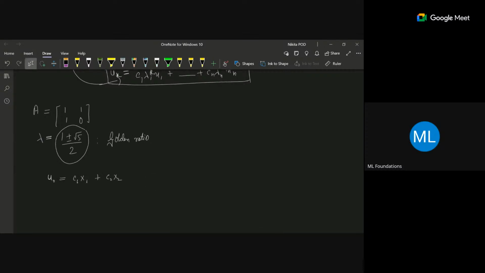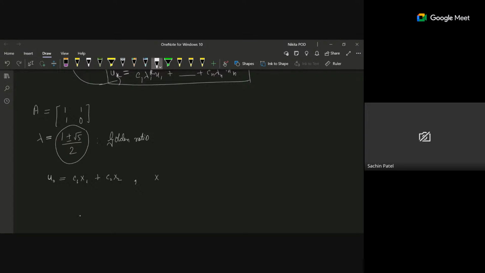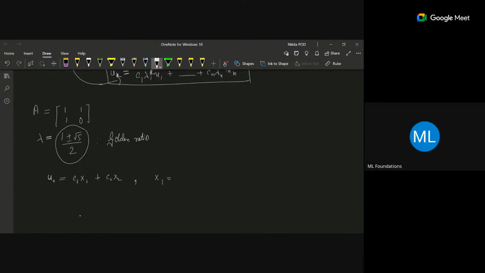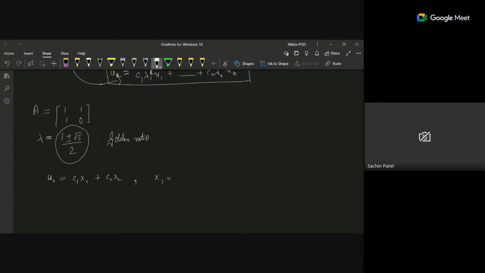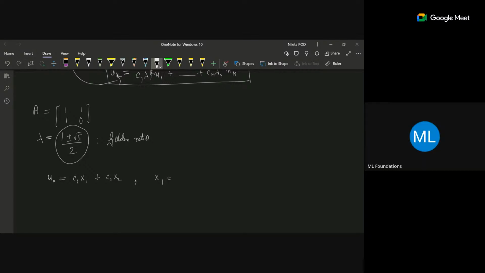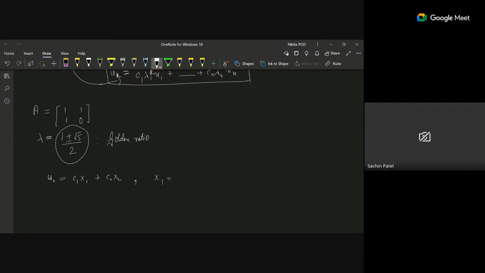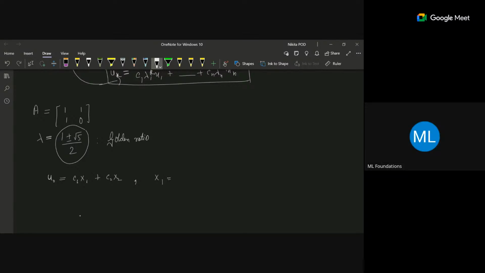So what is the eigenvector that you get, as we solved it? x1 is equal to lambda 1 comma 1, where lambda 1 is 1 plus root 5 by 2. So x1 is 1 plus root 5 by 2 comma 1. Okay, so this is the eigenvector that you get.